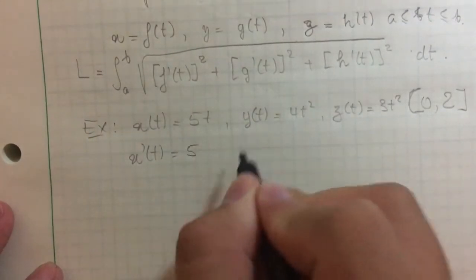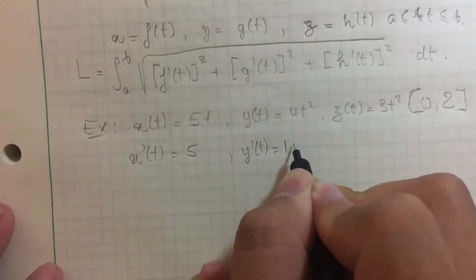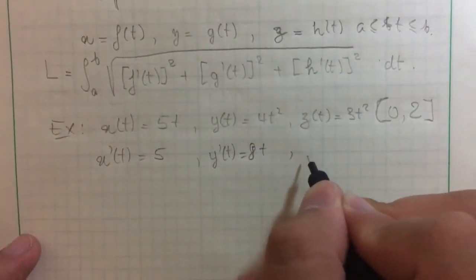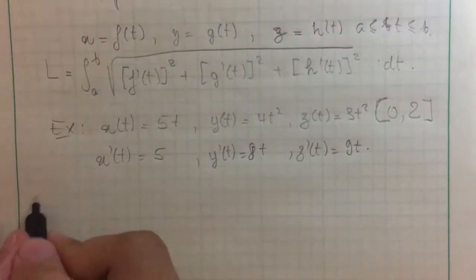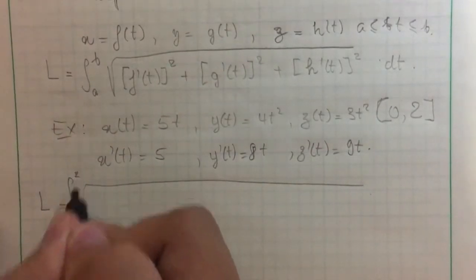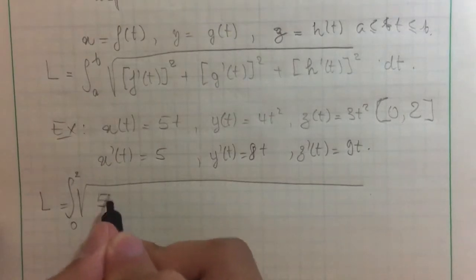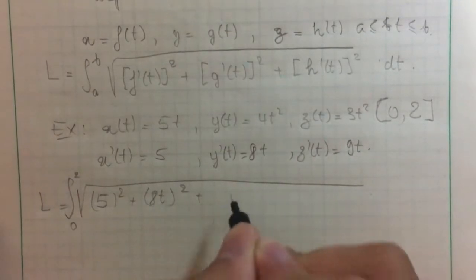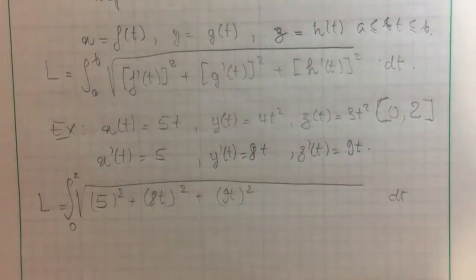We have 5, 8t, and 9t. The length from 0 to t is going to be the integral of the square root of 5 squared plus 8t squared plus 9t squared, dt.